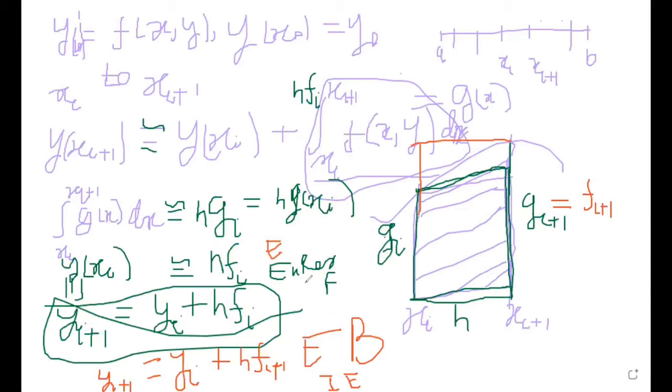Yeah, so why do we call it the forward Euler method and the backward Euler method? Any participant should answer.